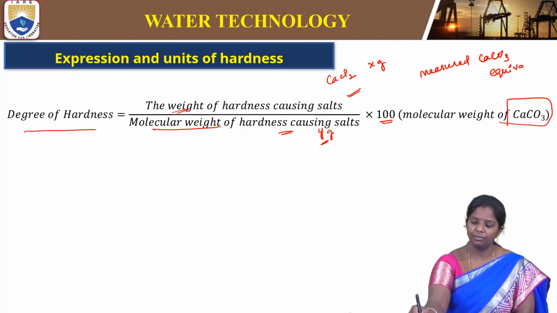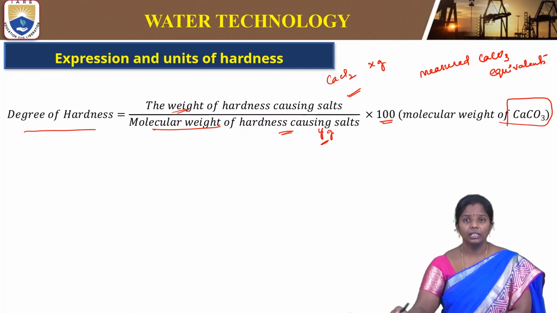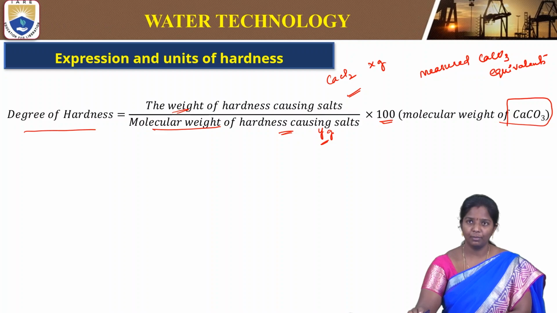Why only calcium carbonate equivalence? Because calcium carbonate cannot be removed so easily, nor precipitated, so large amounts are present. That is why all the hardness will be taken in the measurement of equivalence of calcium carbonate.